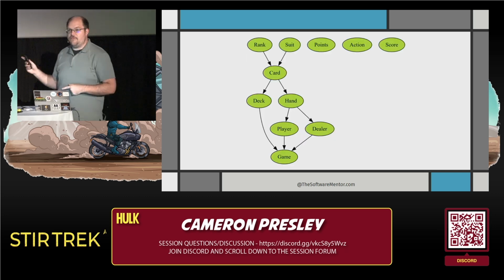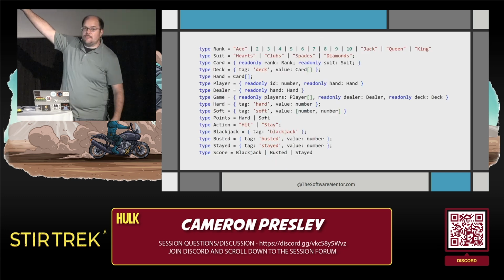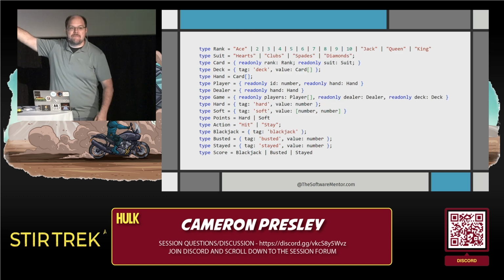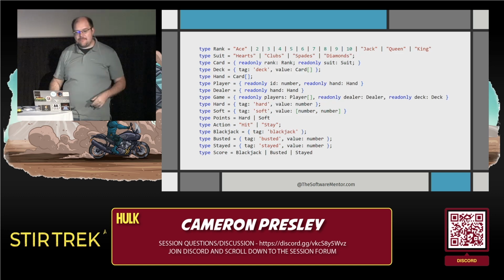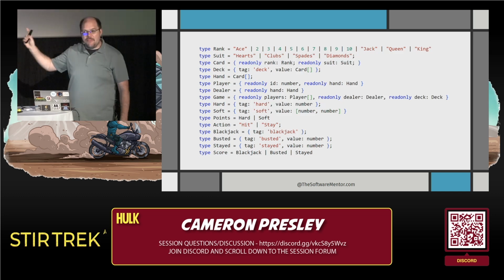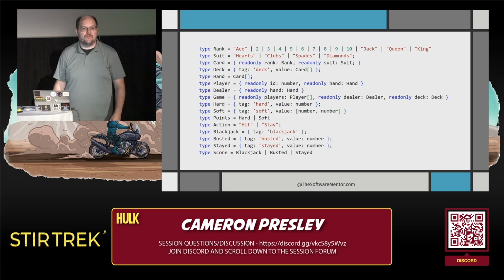So we've modeled everything. Here comes the fun part of today's presentation. Here's the entire problem domain for blackjack on one slide. Now granted, I've had to one line some things that maybe could have been multiple lines, but that is everything you need to actually start implementing business rules.